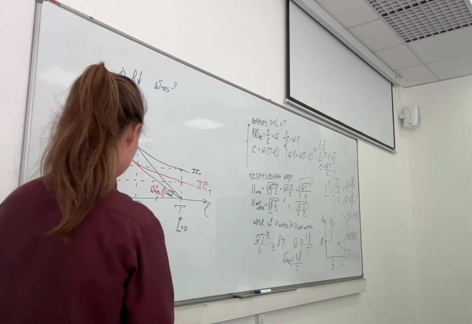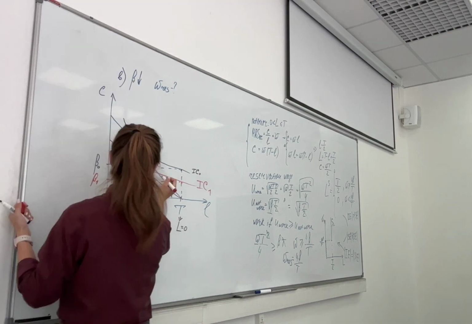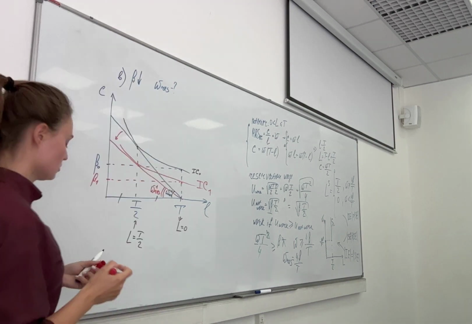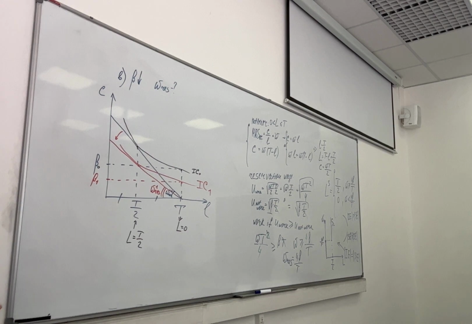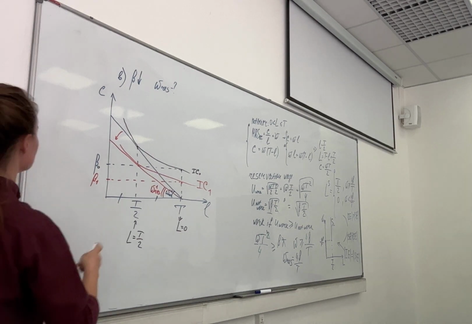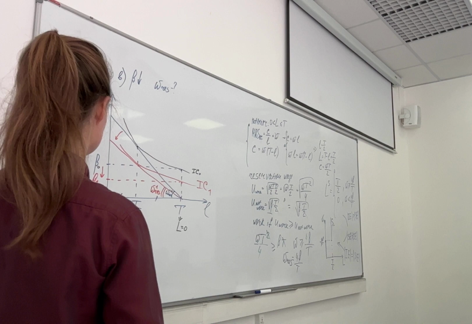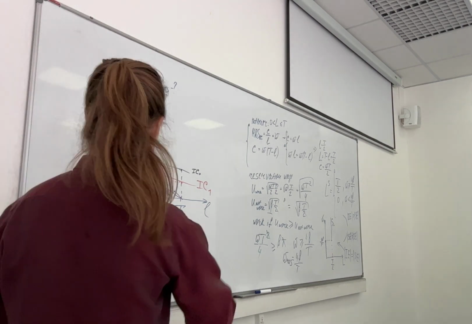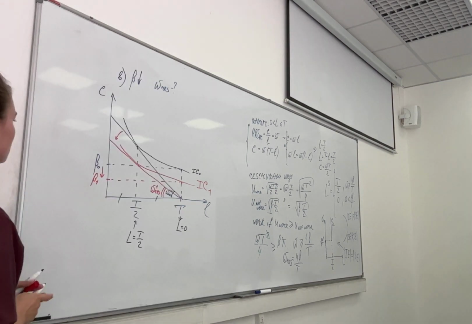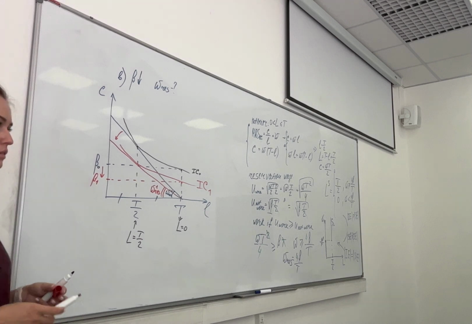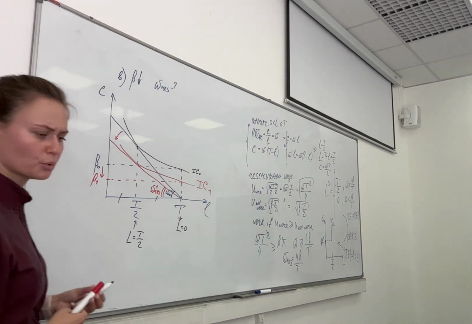So now we show that the reservation wage will decrease if unemployment benefit is lower. What else? Labor will stay the same, it's inelastic. I think that's all about point B.